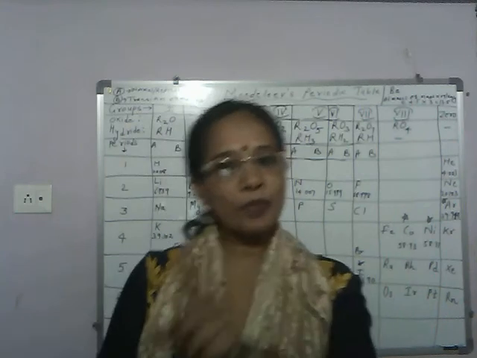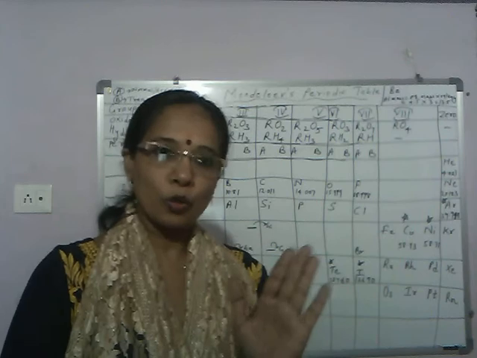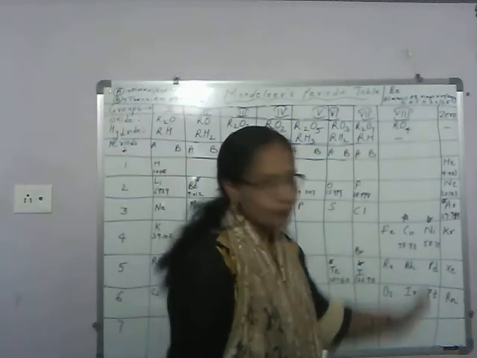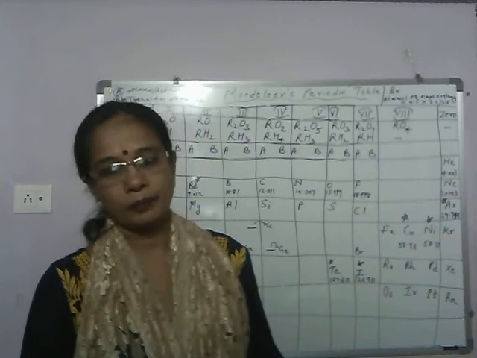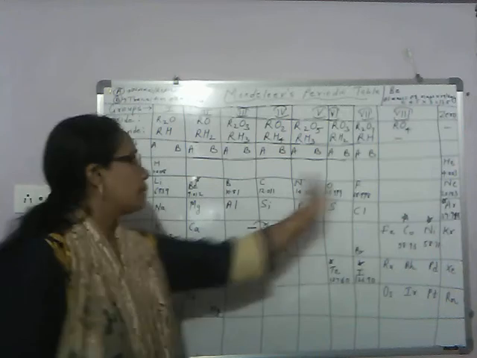Group 1 to group 7 is subdivided into subgroups A and B, and group 8 has no subdivisions. Clear?